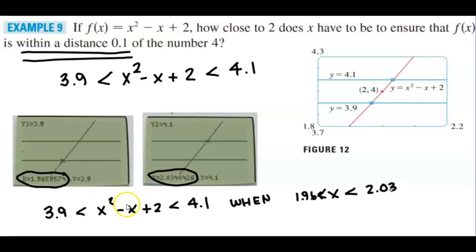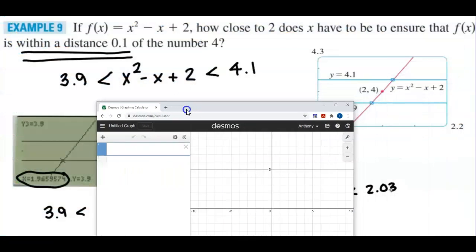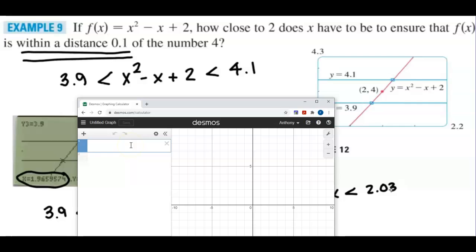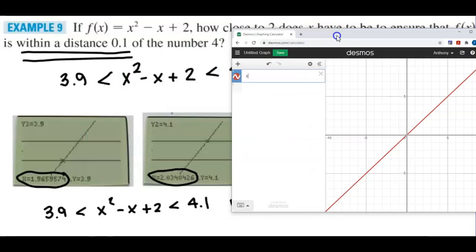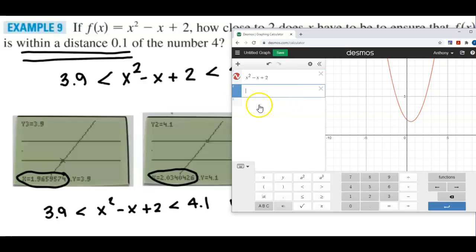And just so you know, we can also use Desmos to locate these particular values. So let's go ahead and do that here. We're going to put in the function x squared minus x plus 2. And then we know that we have one value that's y is equal to 3.9, so let's put that in there.